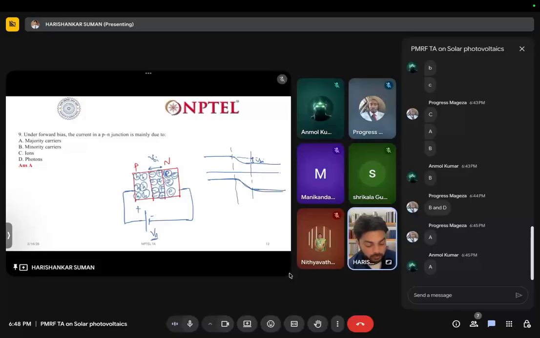Now we want to configure forward bias. What will happen? Now we have applied battery potential. The built-in electric field, due to the depletion charge, opposes further diffusion, but now these holes get energy or force from this battery potential and diffuse again.